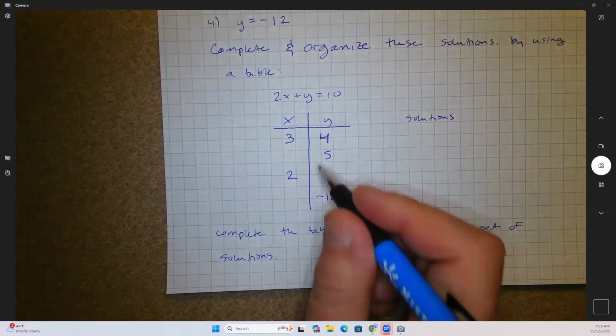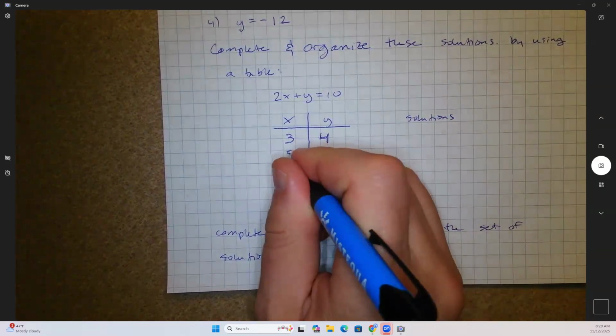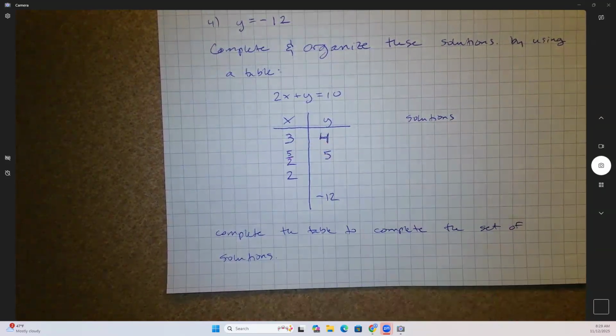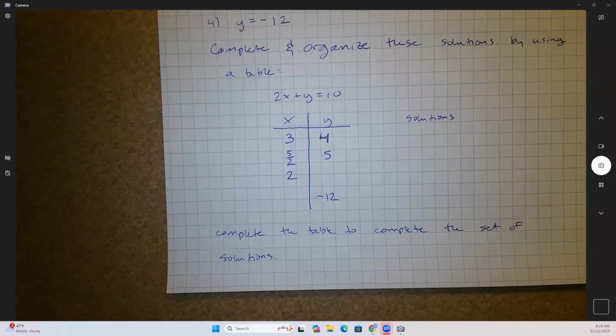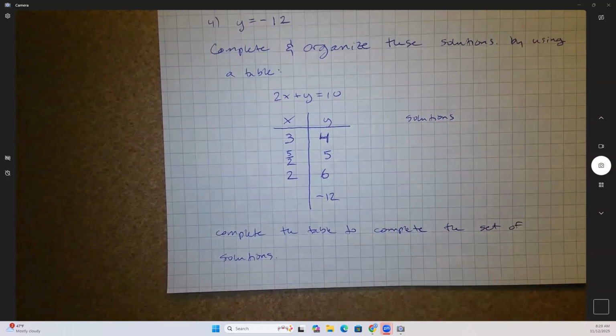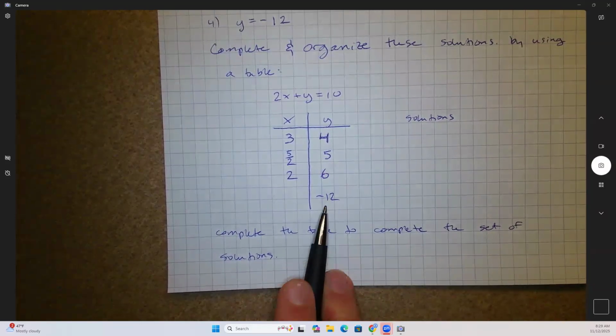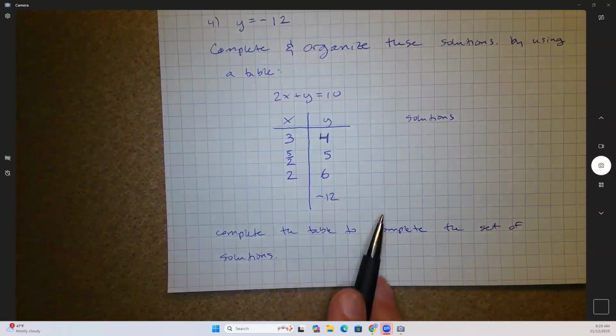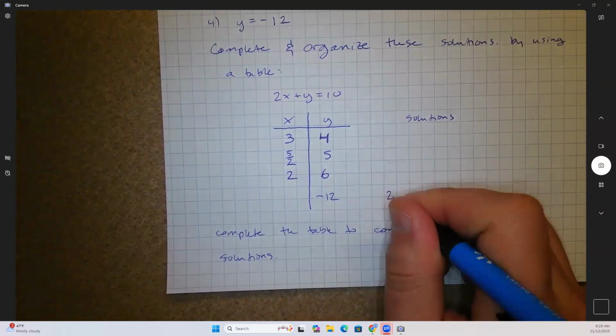And we just saw that when y is 5, x equals 5 halves. We also did an example where x equals 2. And I think that made y equal 6. I haven't worked out the negative 12 yet, so I'll do a little bit of work on the side.